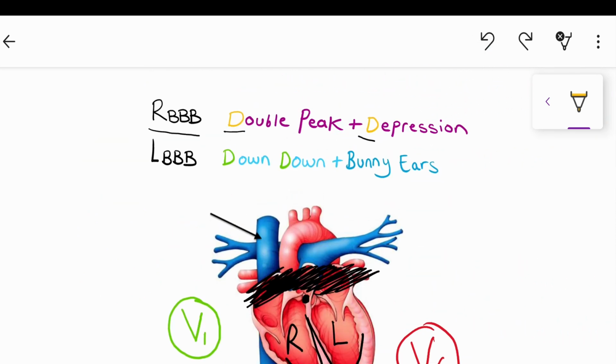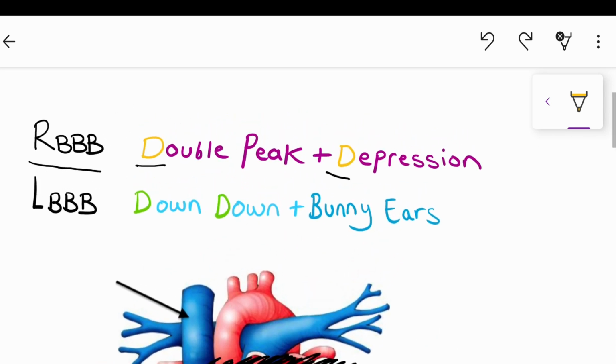Before we start, as always, here is something to keep your mind somewhat informed prematurely, alright? So this should give you some indication of what to look for when looking for bundle branch blocks. When you think of right, think of a double peak or a depression.